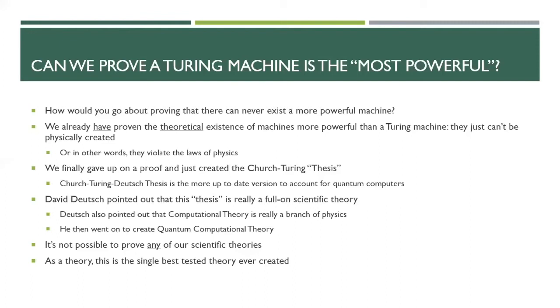The type of encryption that we use widely to protect your credit card or to protect government secrets, it can crack that type of encryption. So Deutsch points out that because Shor's algorithm already exists, we just haven't instantiated a computer that can run it, in a sense, all encryption's already cracked.